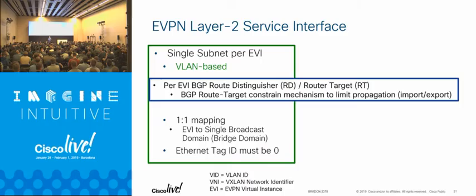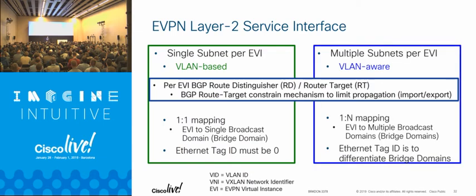So we suddenly have a route target, a route distinguisher on a per EVI or MAC VRF if you want. That means we do have that route distinguisher and route target. We do a one-on-one mapping for such a single subnet per EVI between what this instance is and how the transport to the rest of the world, the VNI, the VLAN, etc. is. There is another approach, which is a kind of bundle service approach, called VLAN-aware.